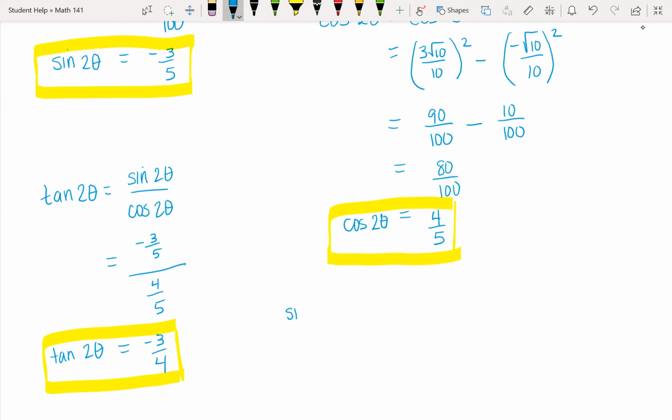So we know that the sine of 2 theta is negative. The cosine of 2 theta is positive. And that happens when an angle is in quadrant 4. So 2 times theta is in quadrant 4.